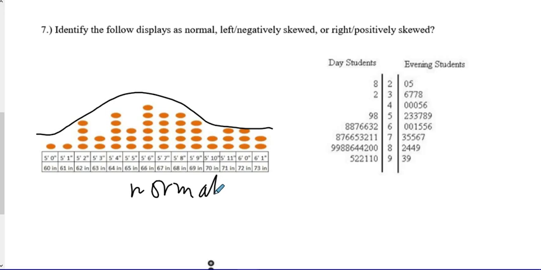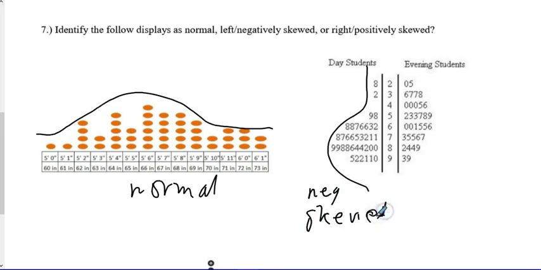Okay, and if you do this and you kind of drew where it would be, all right, most of your data is higher for the day students. So on the day students, I would say it is negatively skewed. That's a D there. These scores are kind of pulling the average down. Now for the evening students, pretty normal.